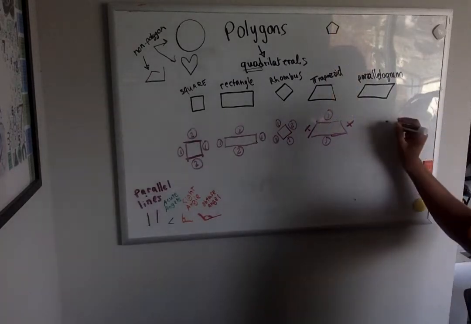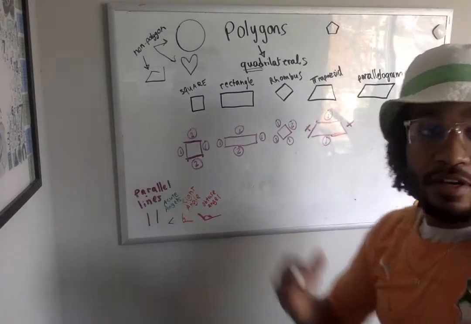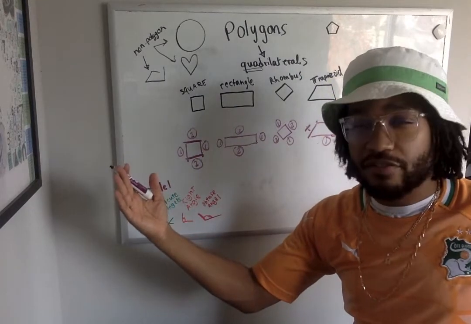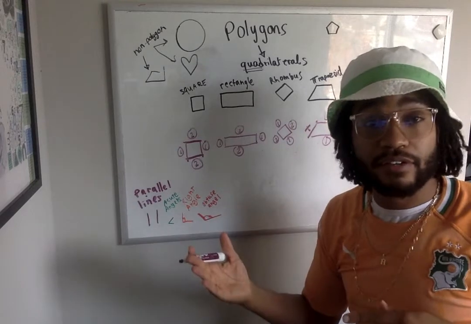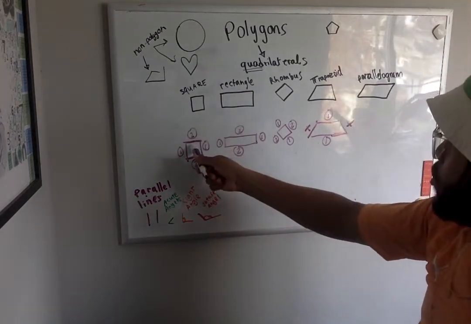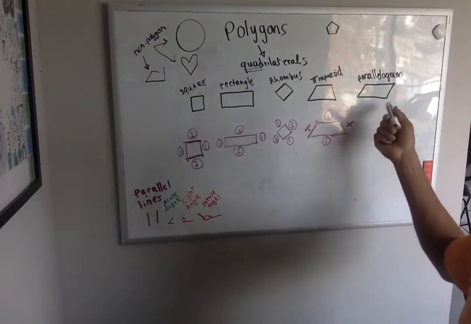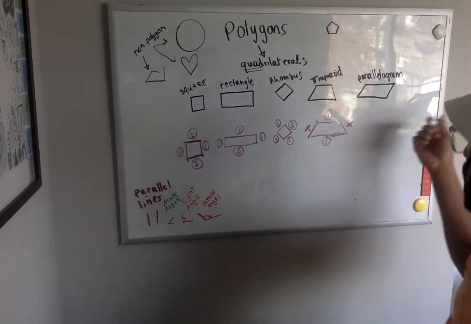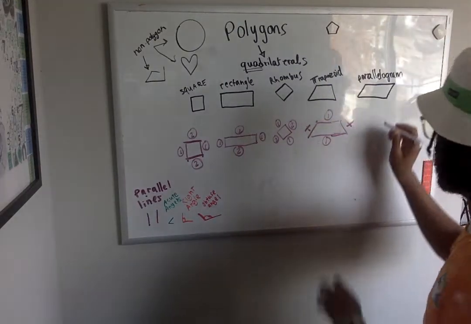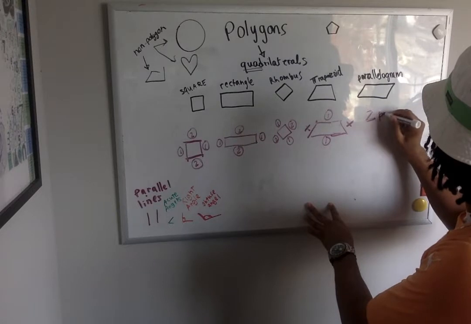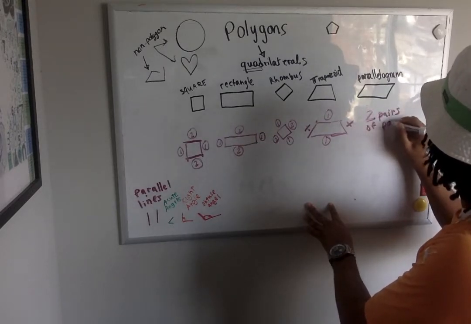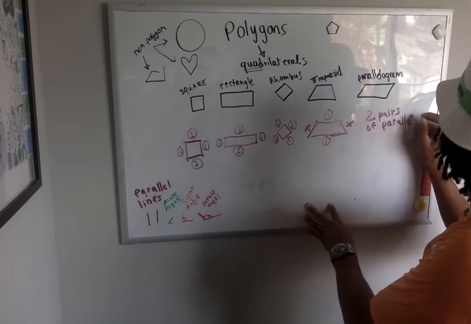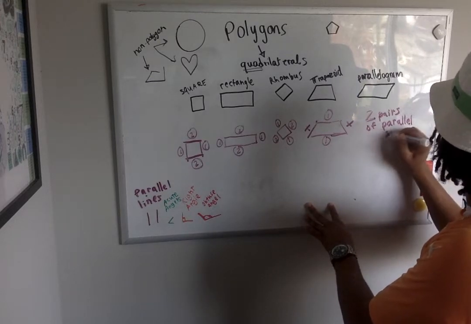Then a parallelogram is called a parallelogram because it can look like a stretched out rectangle. It could be a rhombus. It could be a square. It could be a rectangle. A square, rectangle, rhombus all fit into a parallelogram because it just needs two pairs of parallel sides.